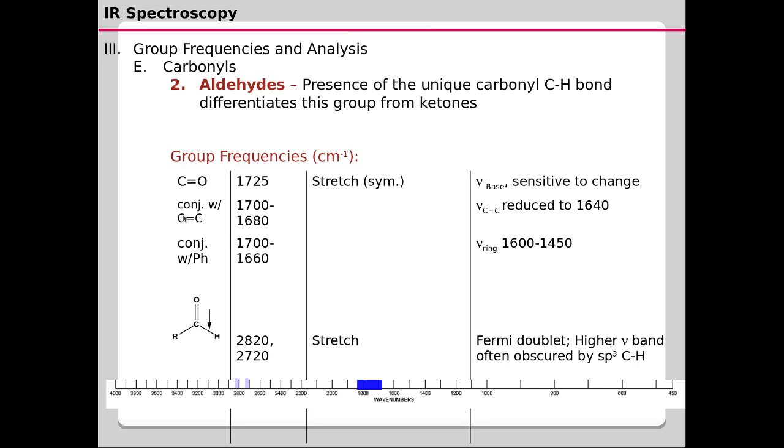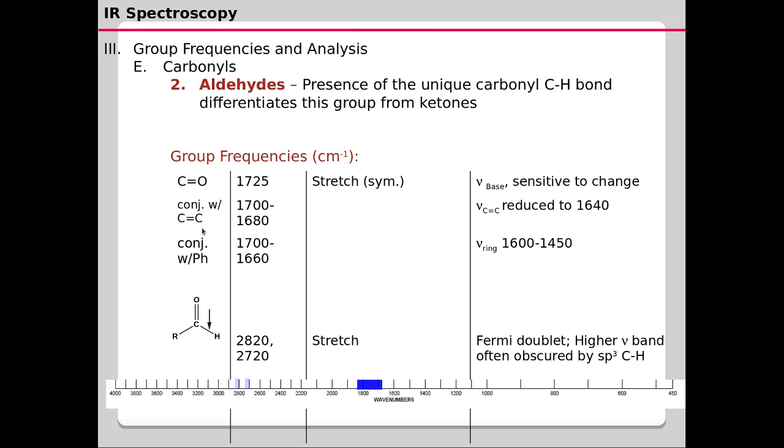For example, when the carbonyl functional group is conjugated with a simple ethylene or vinyl type double bond, that could reduce the frequency of the carbonyl functional group, for reasons that we already discussed, to values between 1680 cm⁻¹ and 1700 cm⁻¹. As such, this results in a reduction of the C=C stretching frequency to 1640 cm⁻¹. Let's not focus on this one, but rather focus on the carbonyl stretching frequency.